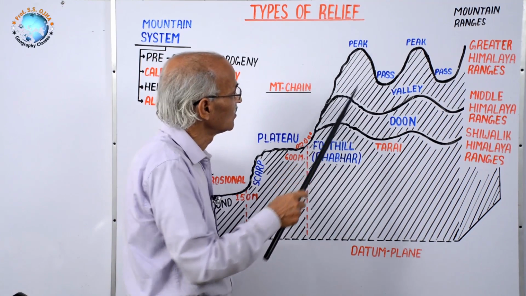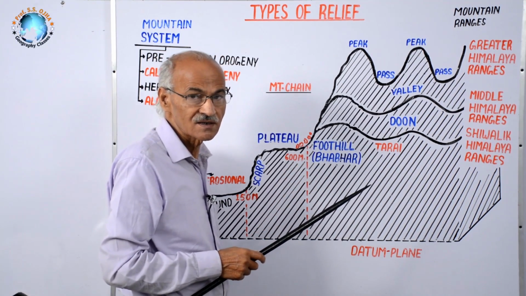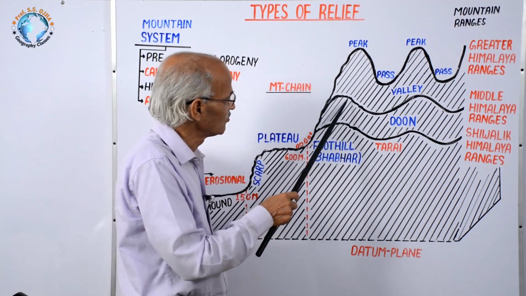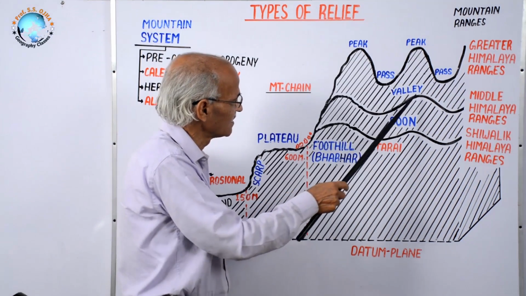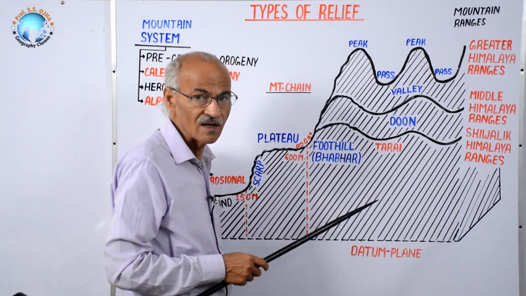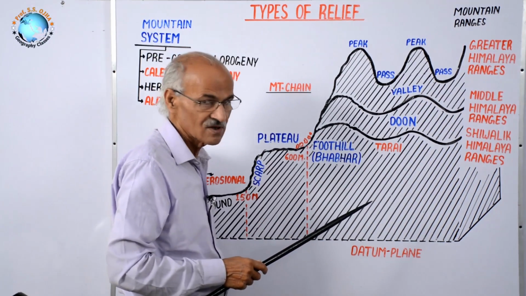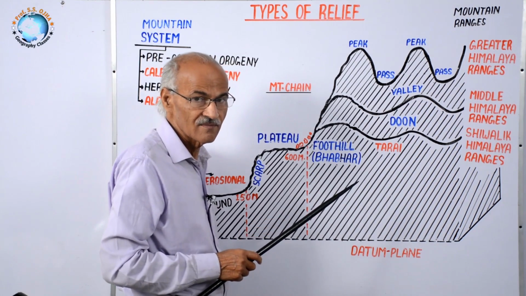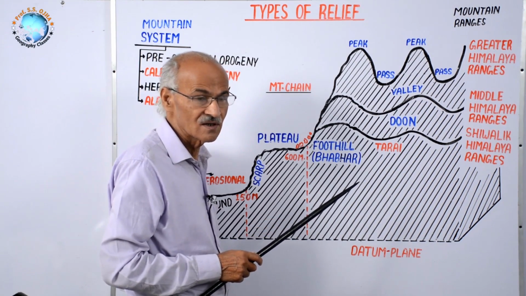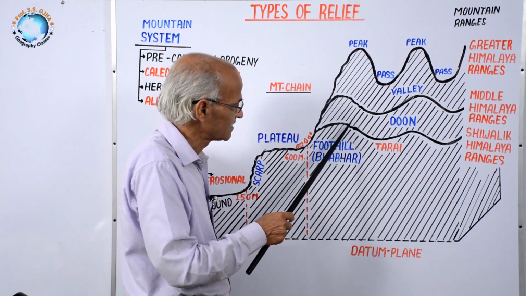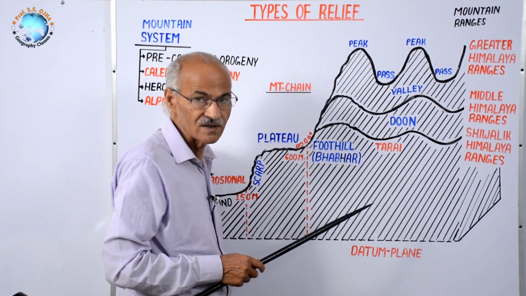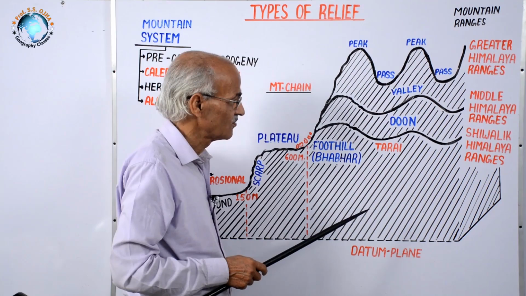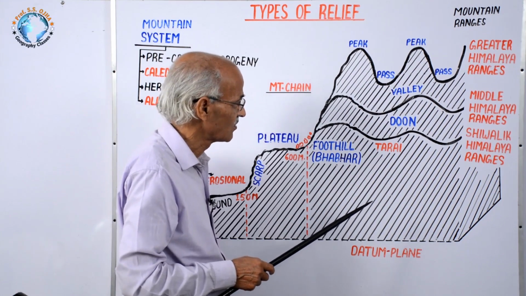If you go to the Greater Himalayas, that is not suitable because it is ice capped. So it is better to develop hill stations on the peaks of the Middle Himalayas, because Shivalik will also not be suitable for the development of tourist spots because of very high temperature during summer season, due to its closeness or proximity to the Gangetic plain, where temperature rises up to 40 degrees Celsius or more.